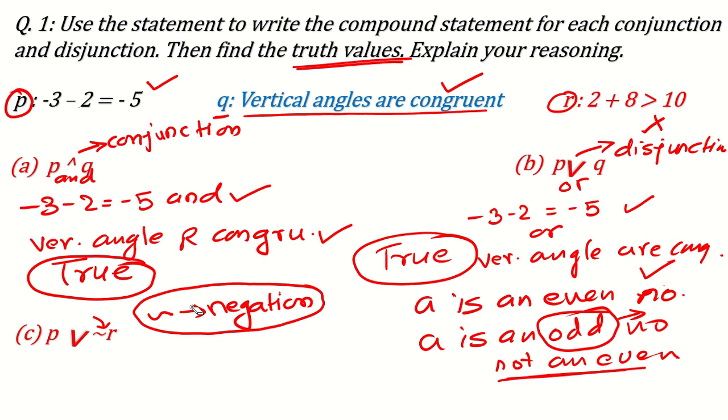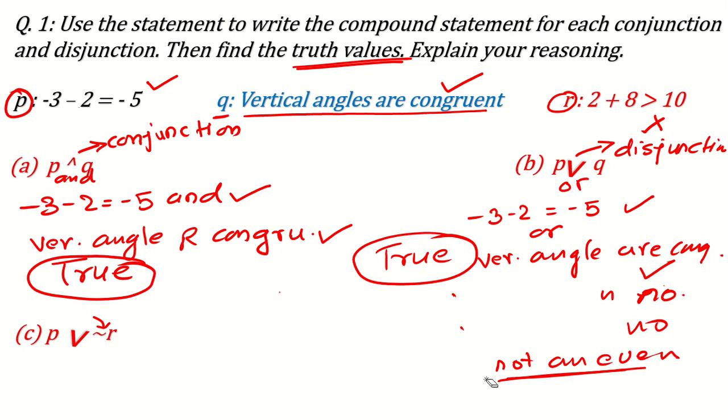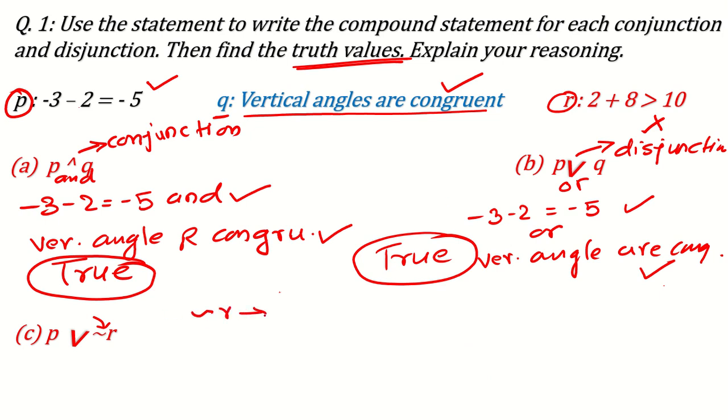Now let's talk about the third, C part of this question. P or negation of R. So first we'll see the negation of R. So what is negation of R? Where is R? 2 plus 8 is greater than 10.